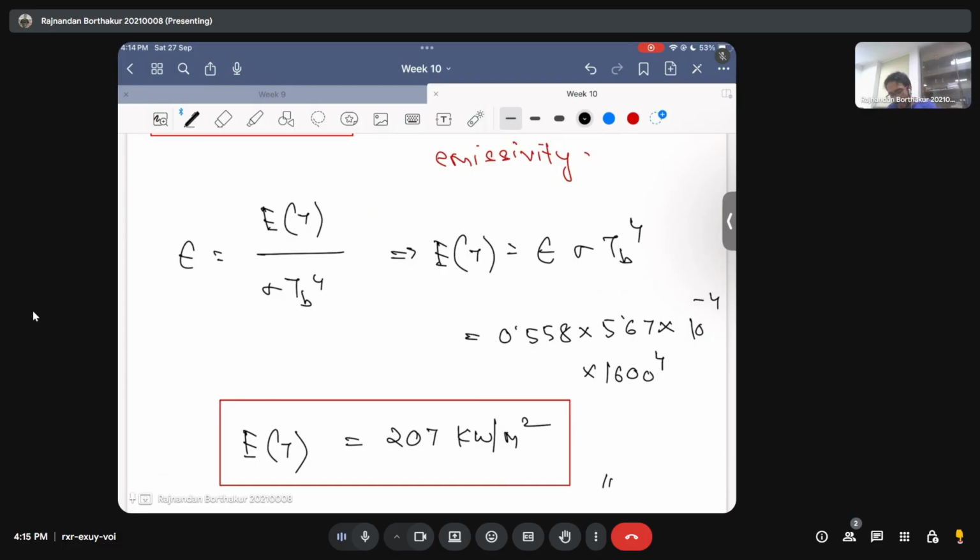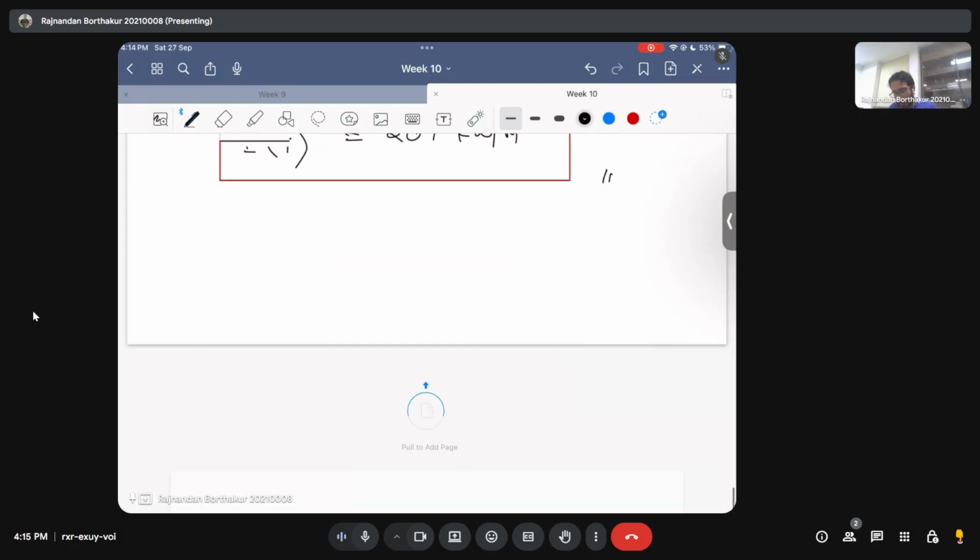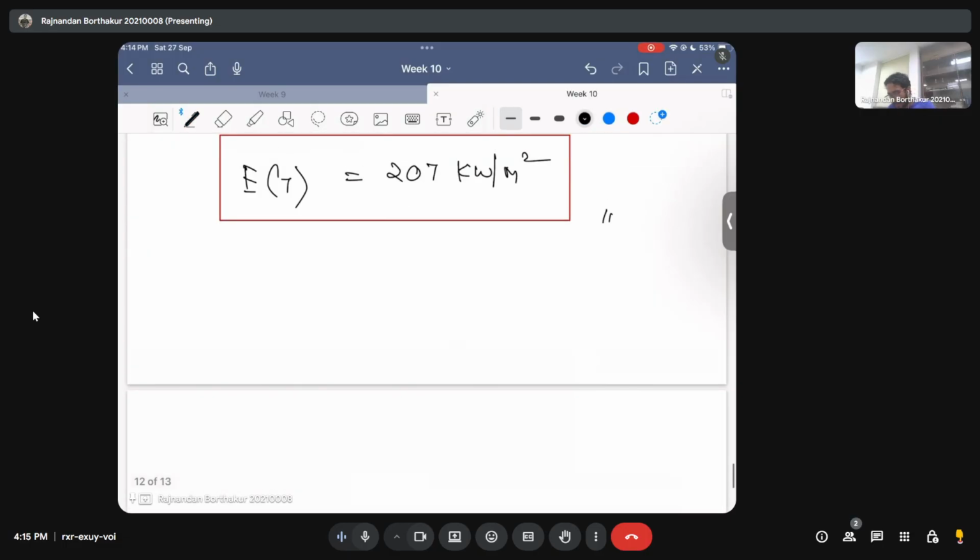So I'll end this class by trying to understand two more things. As I said, there is something which is known as Kirchhoff's law.